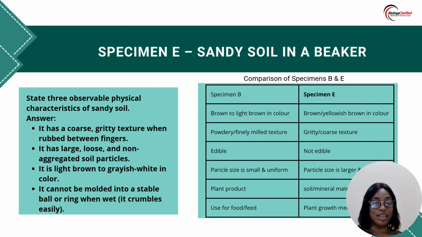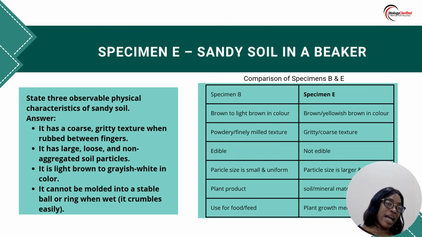Remember, if they say observable features, that means you must mention structural features. But if it is not features, then you could say that specimen B is edible, and sandy soil is not edible. You cannot eat it.